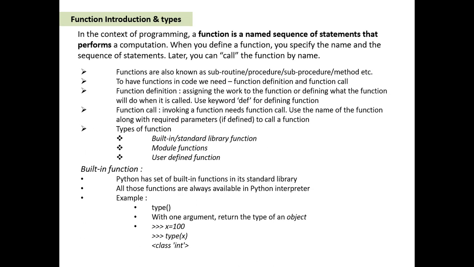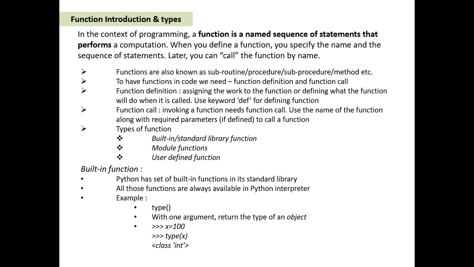So what is a function basically? Function is basically a subroutine. Whenever you are doing a task, you can write a long code, or you can break your code into segments which you can reuse.